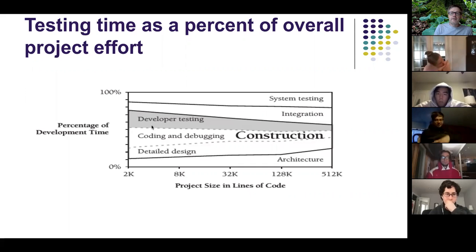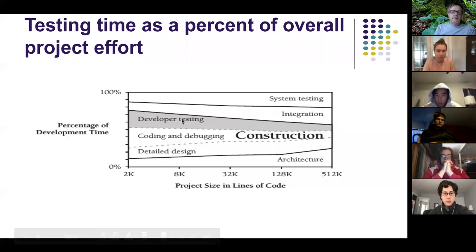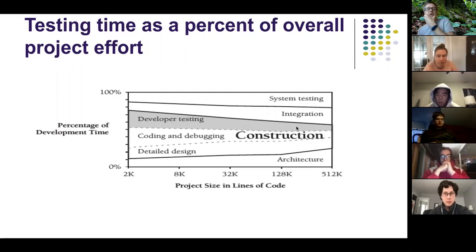Notice system testing gets a little bit bigger as the project size gets bigger. This is the number of lines of code, 2,000 to 500,000. Integration goes up, obviously, as you have more pieces to integrate. Developer testing actually goes down as an overall percentage of the project effort.